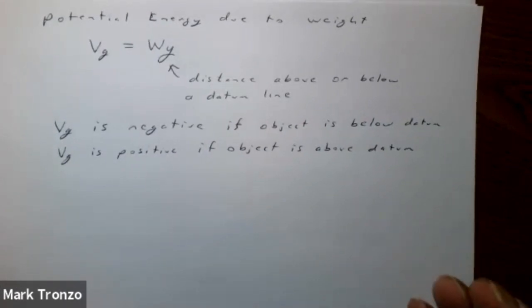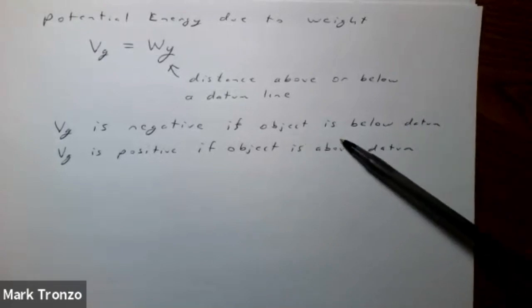So remember in the last section, if you were moving something from a higher position to a lower position, the work was positive, and if it went from the lower to the higher, it was negative.